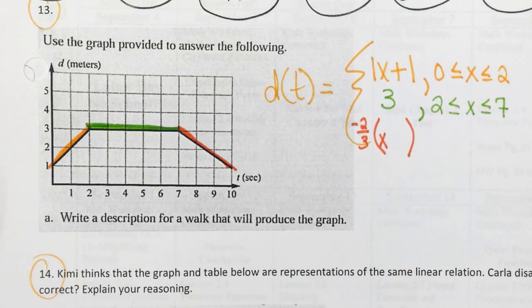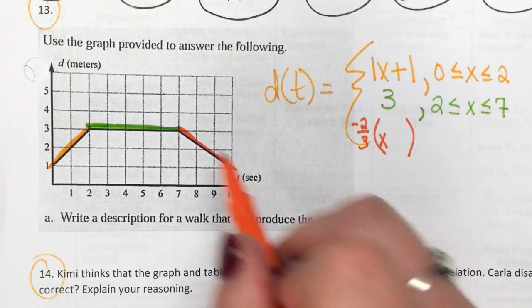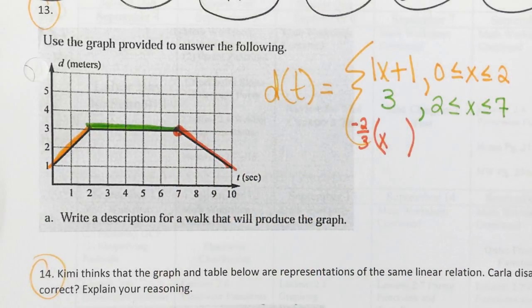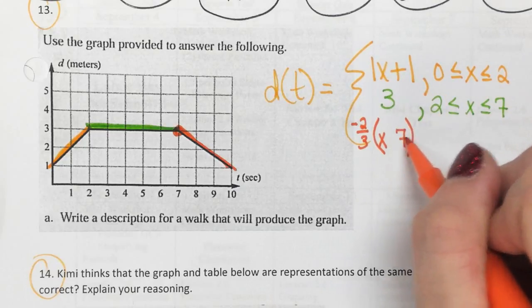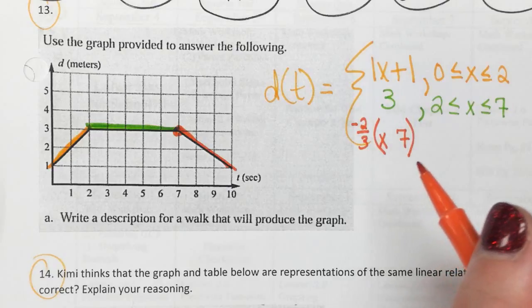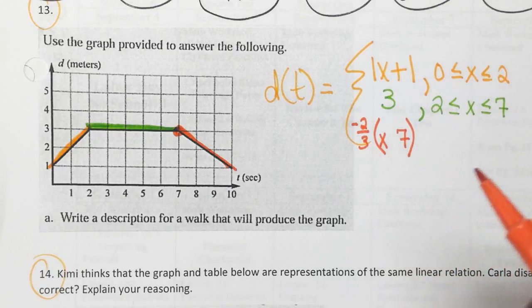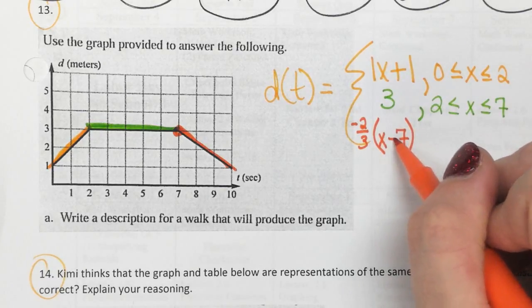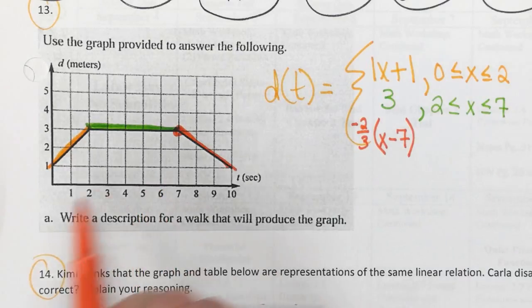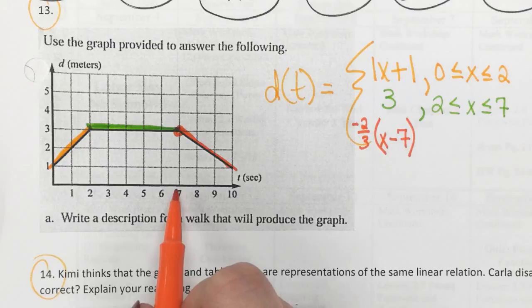Now, if the number was inside, inside means it moved left and right. So here's the point we're starting from. How much to the right from the origin did that move? 7. And if it was inside, you took the opposite sign. So normally moving right would mean a plus 7, so we take the opposite sign, which would be minus 7, because you moved from the origin right 7.